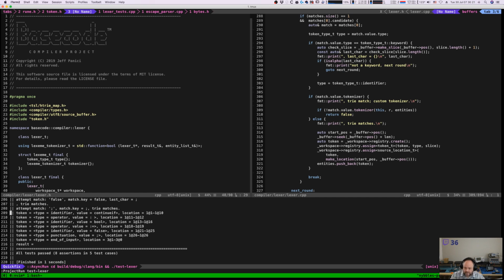There we go. Okay. So now continue if is marked as an identifier, even though it actually comes about through concatenation of keywords. That's accepted. We get the colon, we get the bool, we get the assignment, we get false, we get the punctuation, we get the end.